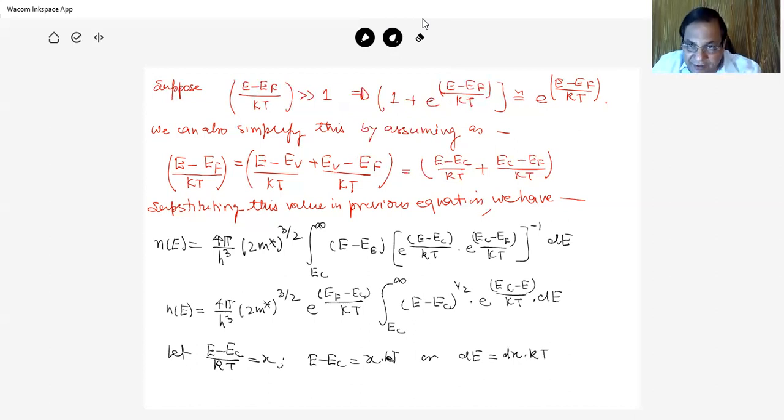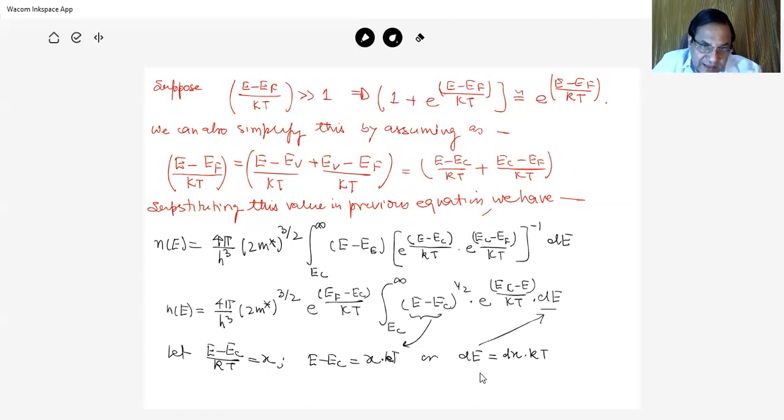So in place of dE, we can substitute X into KT. So we find E minus EC is equal to X KT. And this exponential value is EC minus E, so E minus EC is minus X.